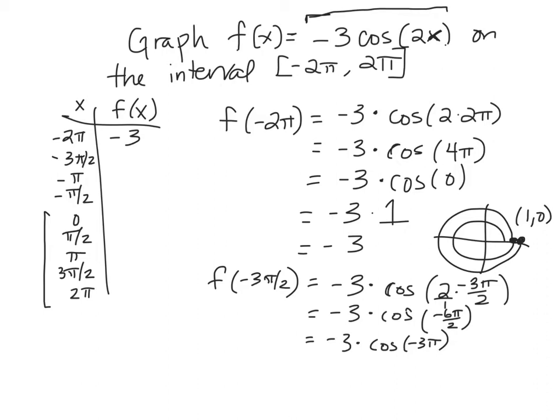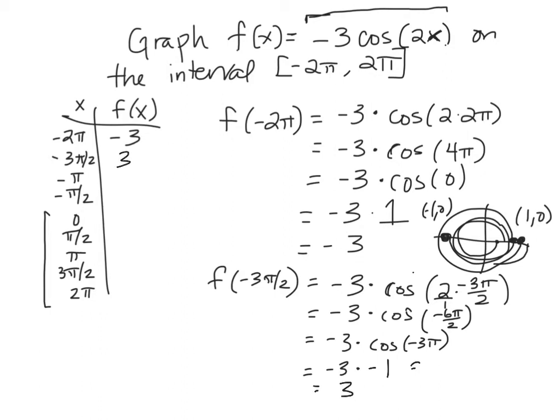For -3 pi, we go in the clockwise direction, so we start here, we go this way. But 3 pi ends over here. So it's going to be the same as the x-coordinate at that point. -3 times -1, which equals +3. So this equals 3.